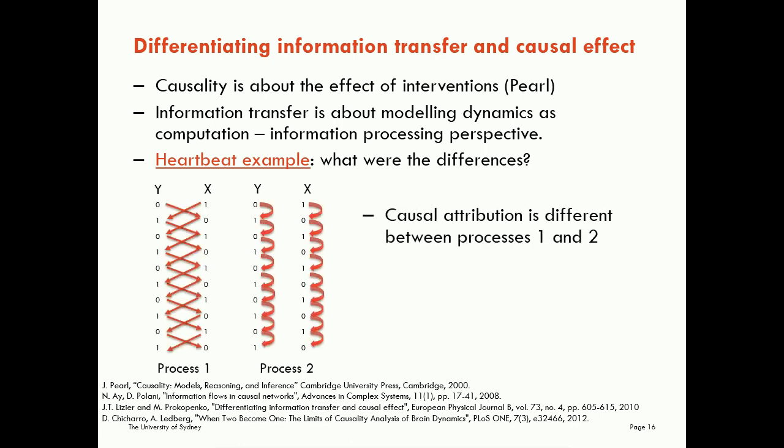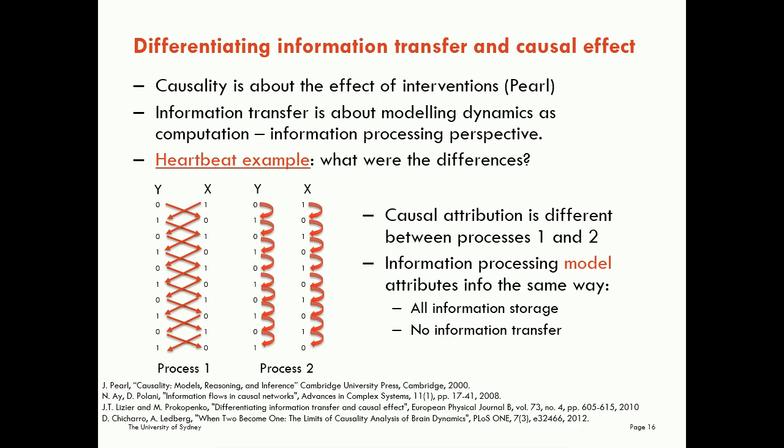We can see this similarly if we look at these two processes that we first came across in our information storage session. Here, the dynamics look exactly the same, with x and y just a series of alternating ones and zeros. The causal attribution between these two processes will be very different, as you can see from the arrows in the diagram.